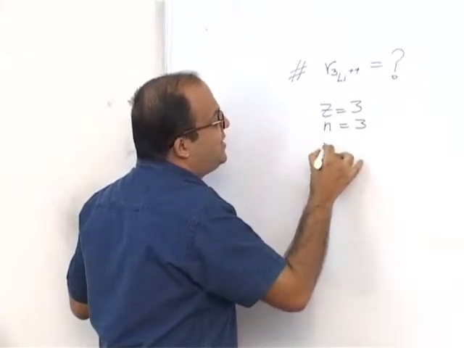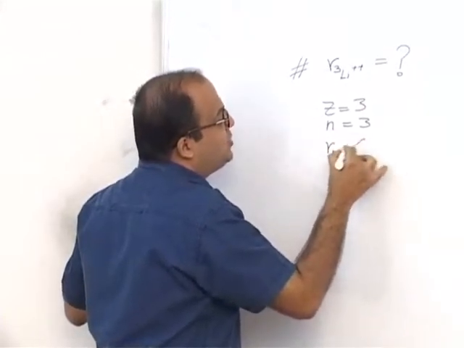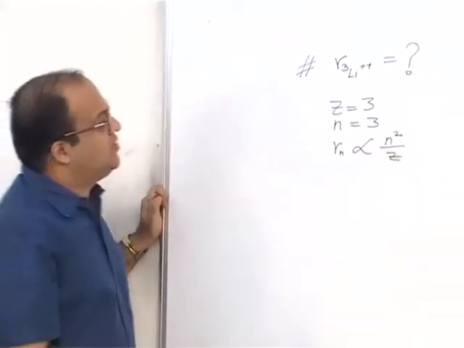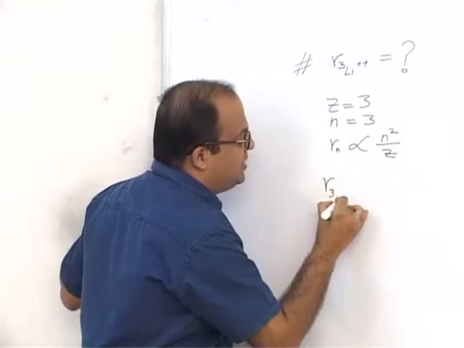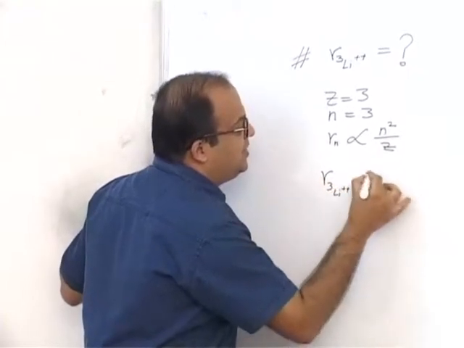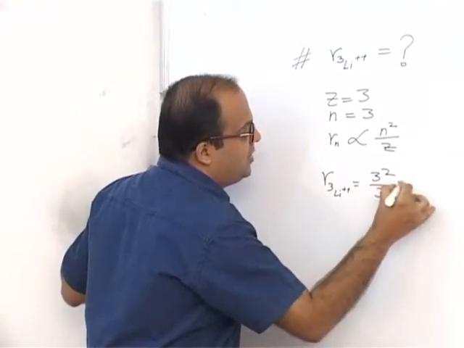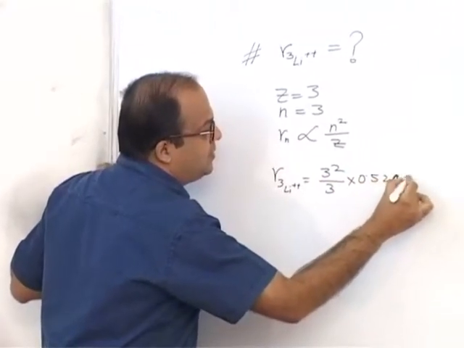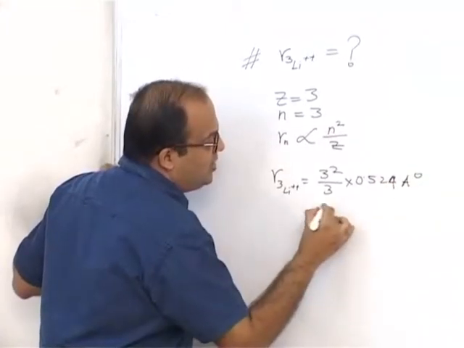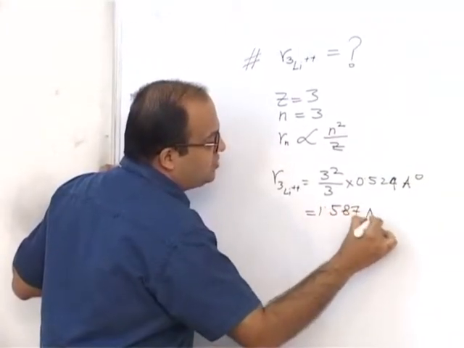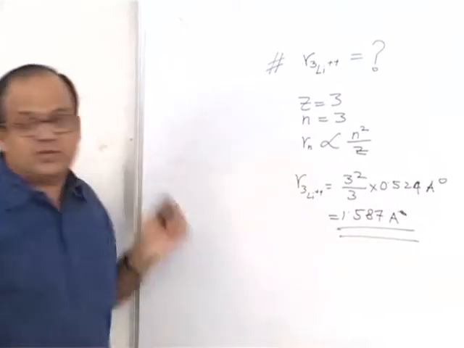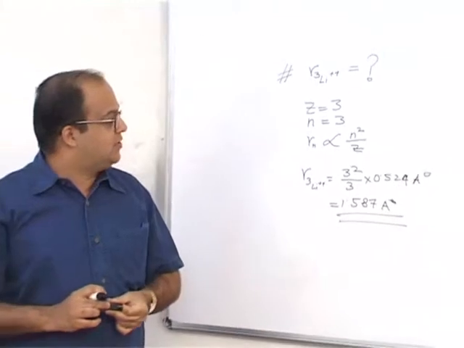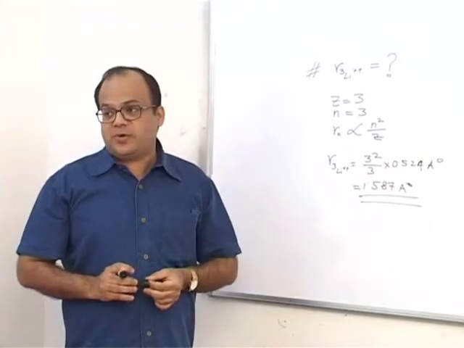We know that radius is proportional to n square by Z. So R3 for Li plus plus will be 3 square upon 3 into 0.529 angstroms. That comes out to be 1.587 angstroms. So this is the radius of the third orbit of Li plus plus. Radius is proportional to n square upon Z.